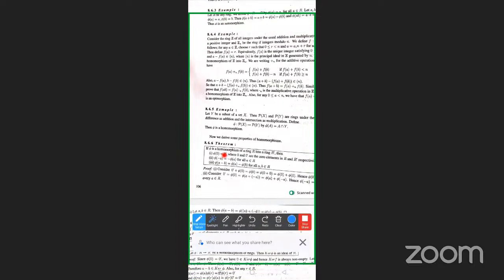If pi is a homomorphism of a ring R into R dash, then pi of 0 is equal to 0 dash, where 0 and 0 dash are the zero elements in R and R dash respectively. Here pi of 0 equals 0 dash means the identity element in the domain is mapped to the identity element in the codomain. So this is R, this is R dash, with the zero element in each, and the mapping is pi.